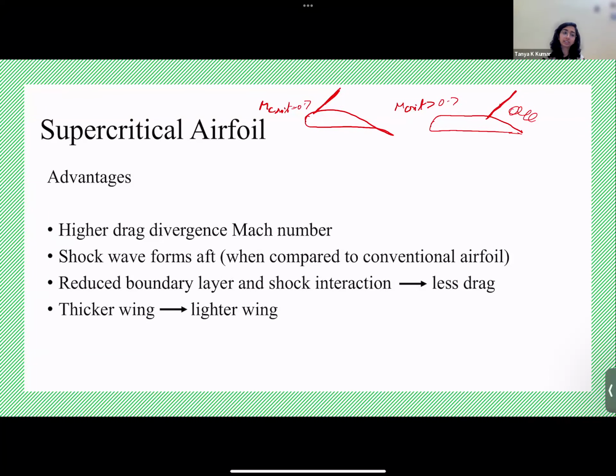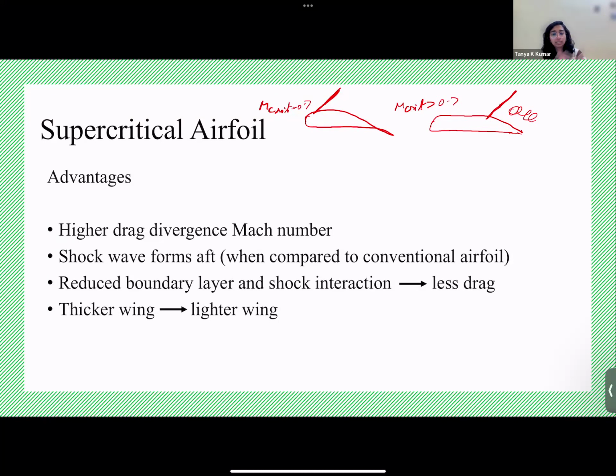Thicker wings are generally hollow. When the wing becomes thicker, it becomes structurally stronger to withstand the aerodynamic loads in flight. So it requires less structural reinforcement. Your struts and longerons can all be reduced, so the weight of these structural reinforcements will be reduced and you'll have a lighter wing.